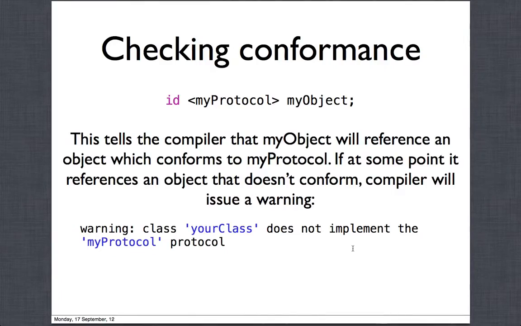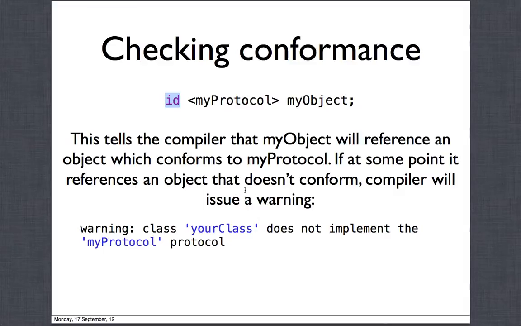You can put the protocol name before the definition of your object, of a variable. So here we're creating myObject, but between the type of the object and the name of the object, we're saying myProtocol, and this is the name of the protocol. And this will tell the compiler that myObject will reference an object which conforms to myProtocol.